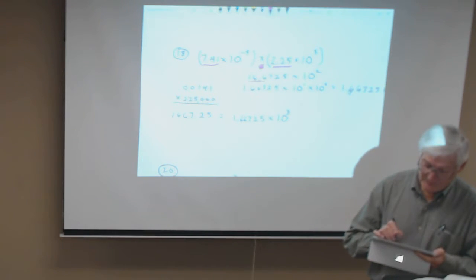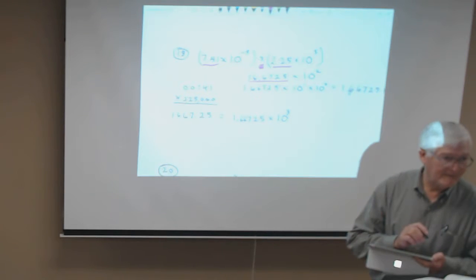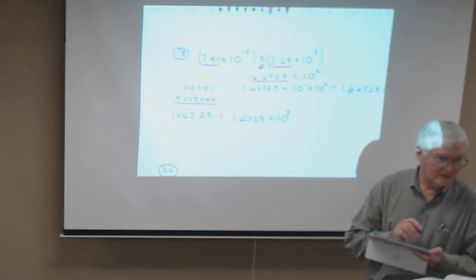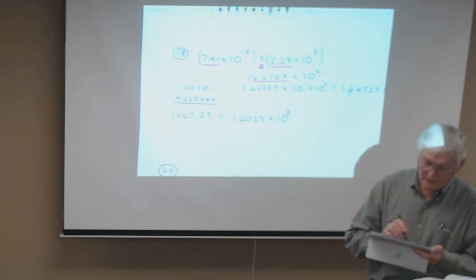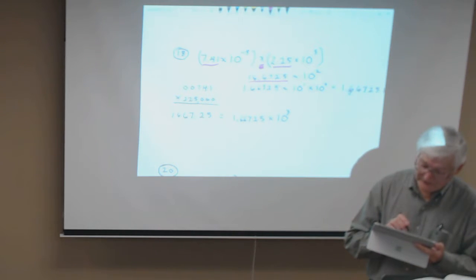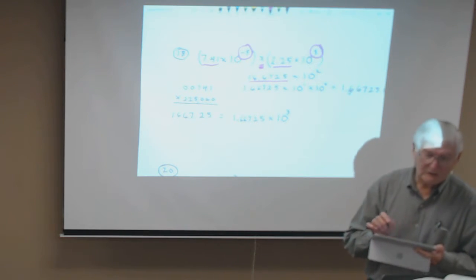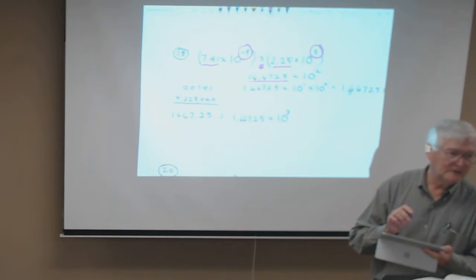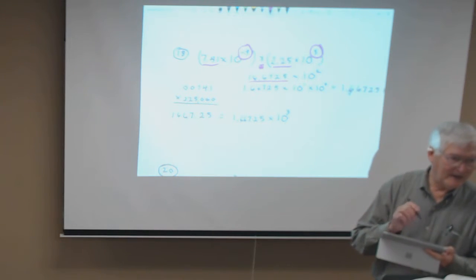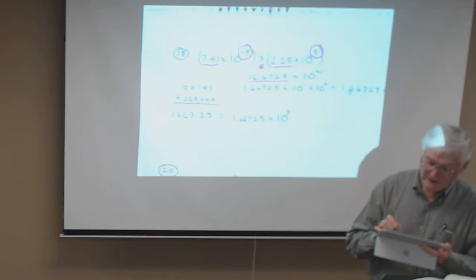Did you get 16.6725? Yes? Okay. Then, what's this, 10 to the negative 3 times 10 to the 5th? What do you do when you multiply exponential numbers? Add the exponents. So that gives you 10 to the 2nd. Negative 3 plus 5 is 2.